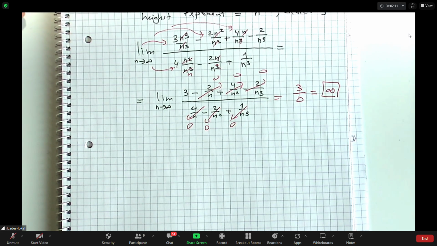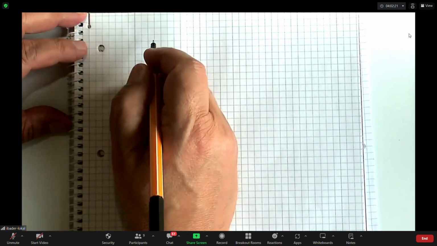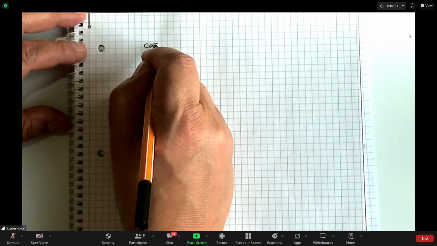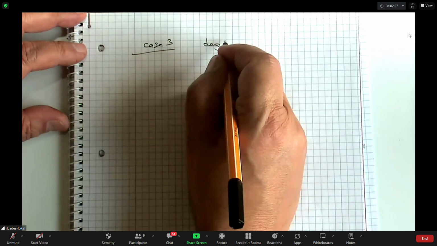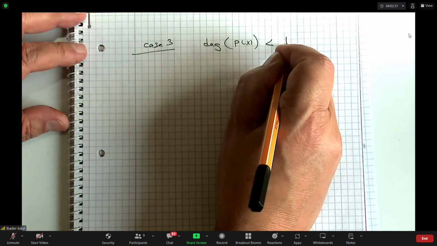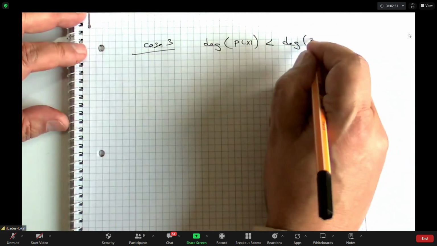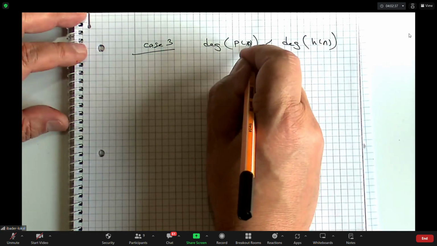Okay, so we have now the second case. We are left with the third case. The third case says simply the following: the degree of the numerator is less than the degree of the denominator.